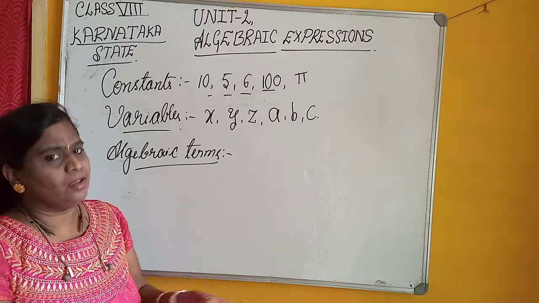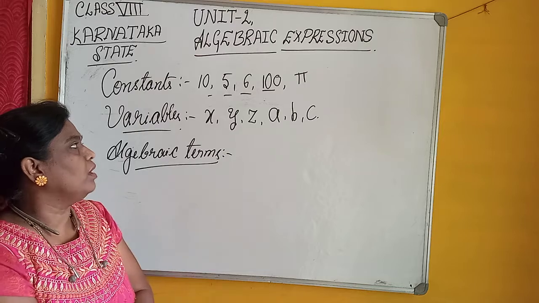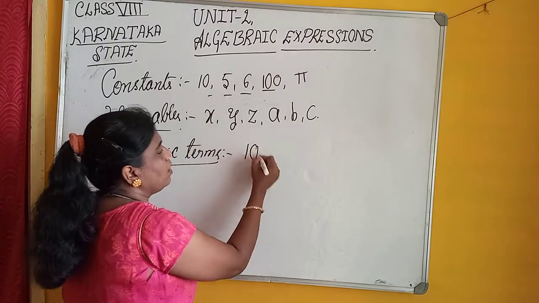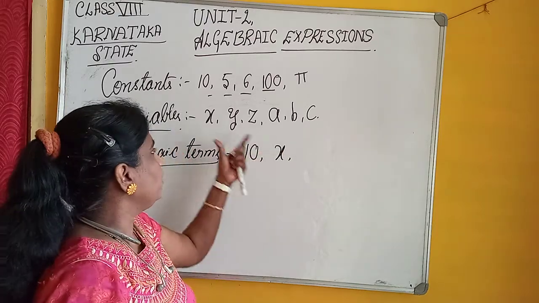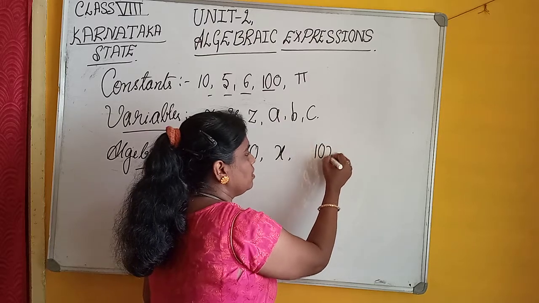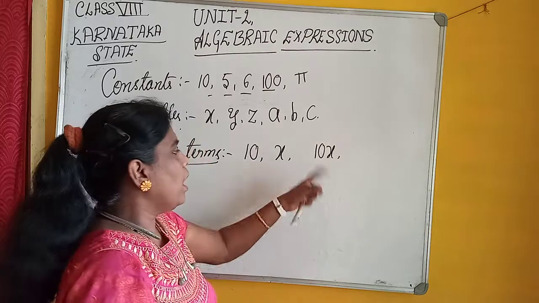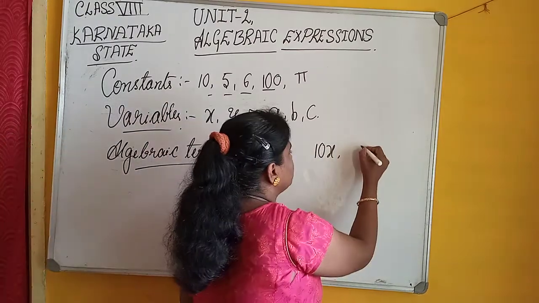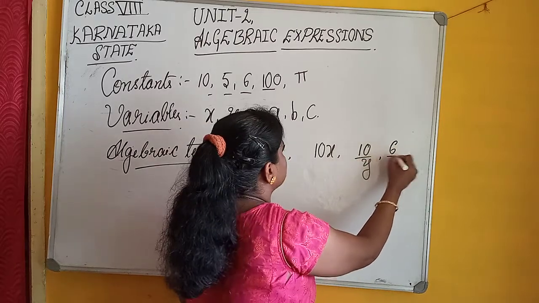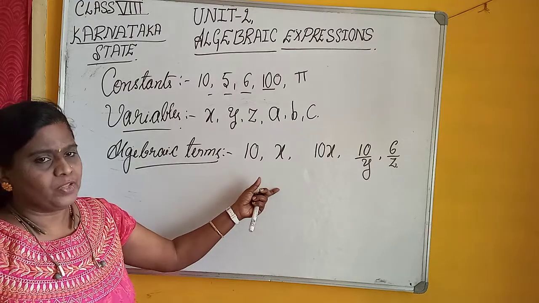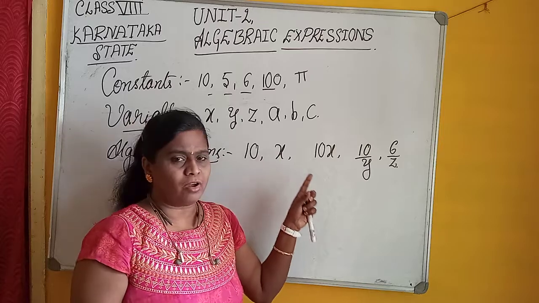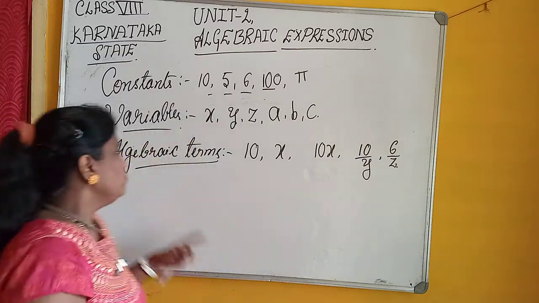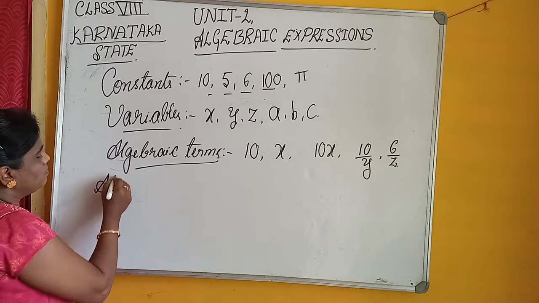An algebraic term is a constant or a variable or a combination of variable and constant under multiplication or division. For example, an algebraic term may be a constant, a variable, or a combination of variable and constant, that is 10x, a multiplicative product combination, and under division you can write 10 by y, like that 6 by z. These are all algebraic terms. An algebraic term is a constant or a variable or a combination of a variable and a constant under multiplication or division.